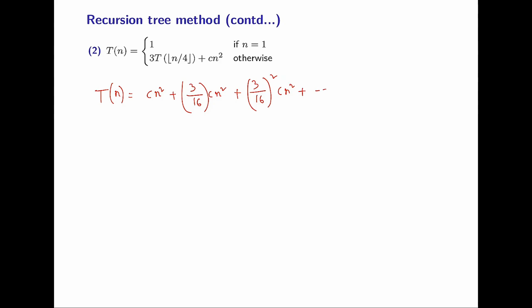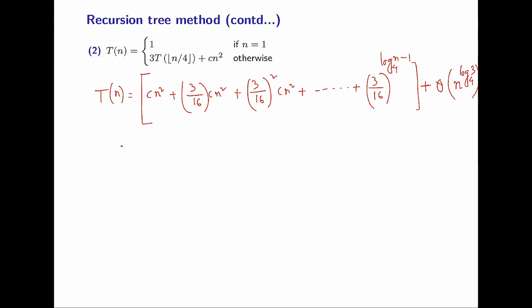Like that, it will go up to 3 by 16 to the power log n base 4 minus 1, plus the cost of the last level. We have seen the cost at the last level, that is n to the power log 3 base 4.